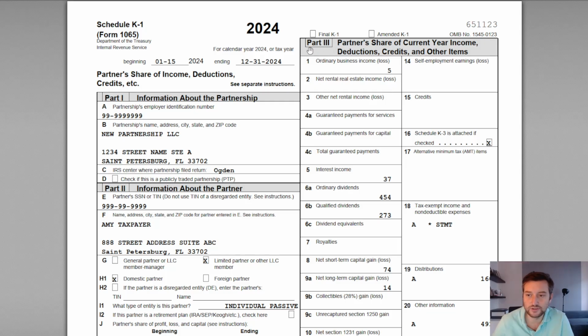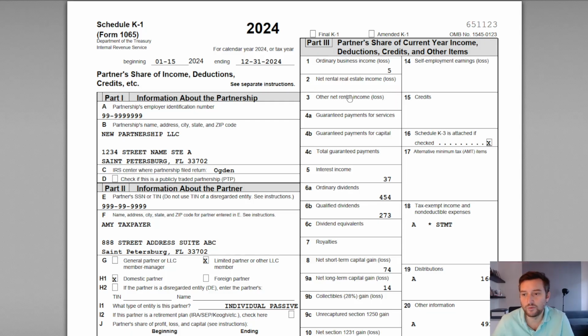or loss, this is her allocation of the ordinary trader business income that's flowing through from the partnership. So line 1 income is generally going to be subject to just the regular ordinary federal income tax rates. If you were an active participant in this business, this income may be subject to self-employment taxes as well.